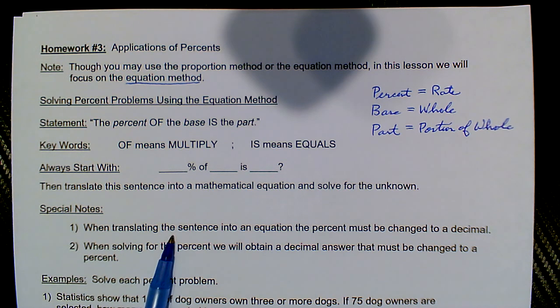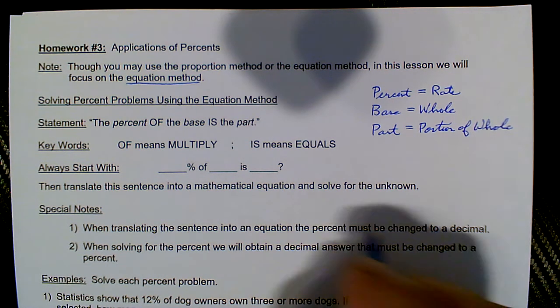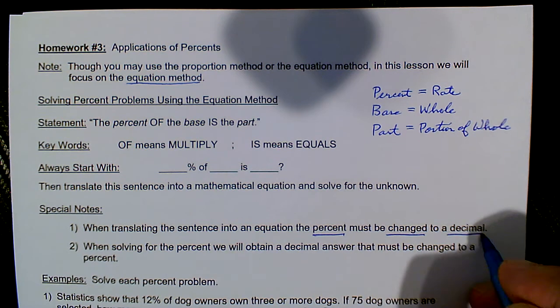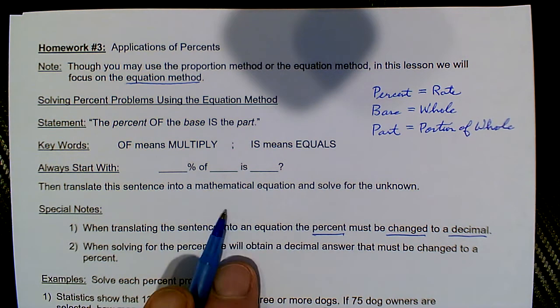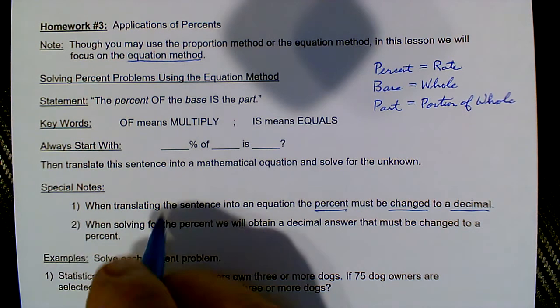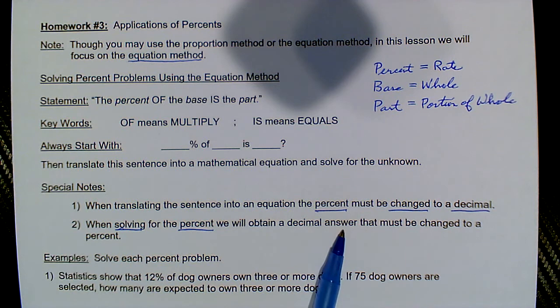When using the equation method, the percent must be changed to a decimal when we translate the sentence into a mathematical equation. And then also when solving for the percent, the answer is going to be a decimal and we have to change that to a percentage.